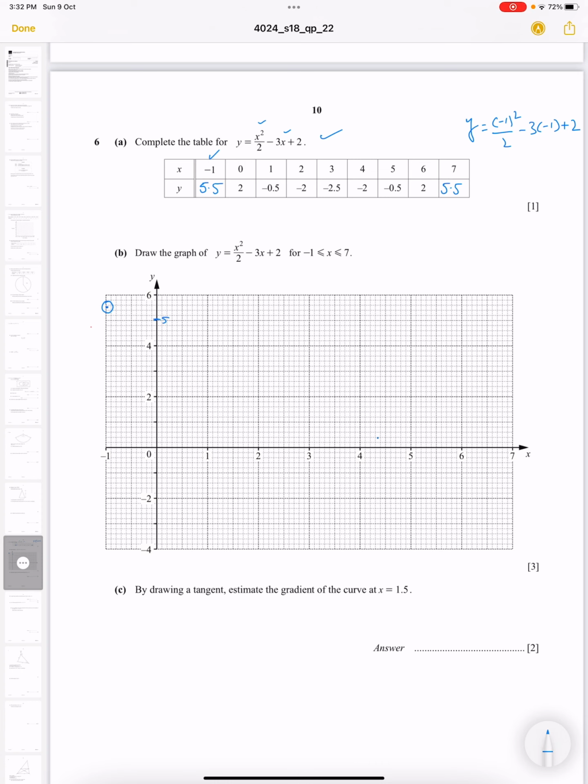Now after that the point is 0, 2. So 0, 2 must be plotted here. After that it is 1 and negative of 0.5. So 1, minus 0.5 will be approximately here. Then 2, minus 2. So 2, minus 2, this point.